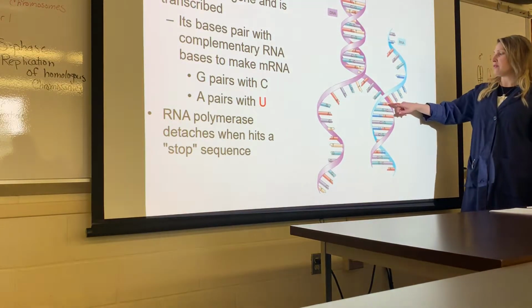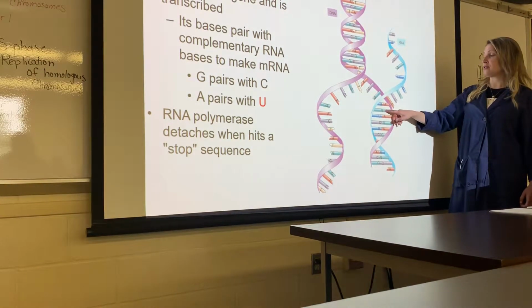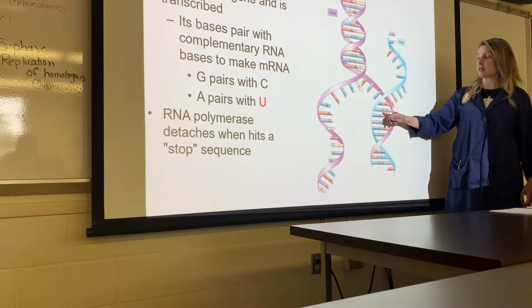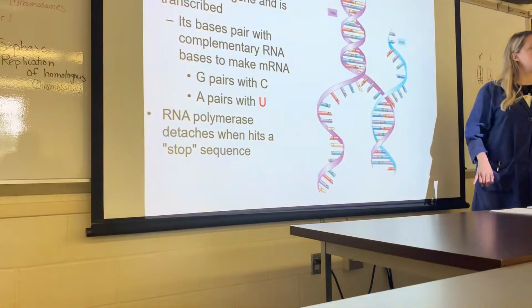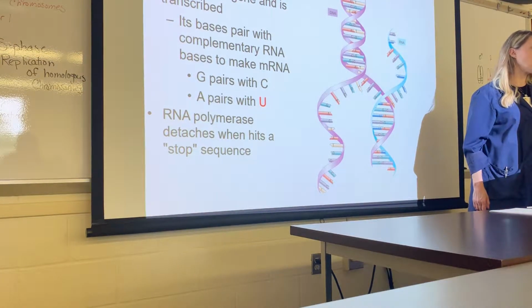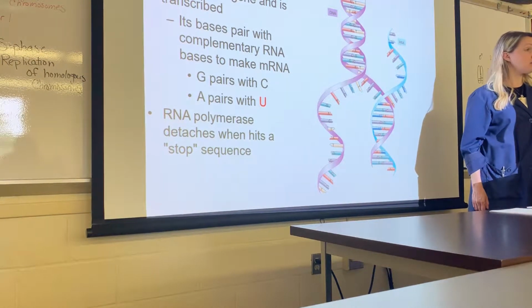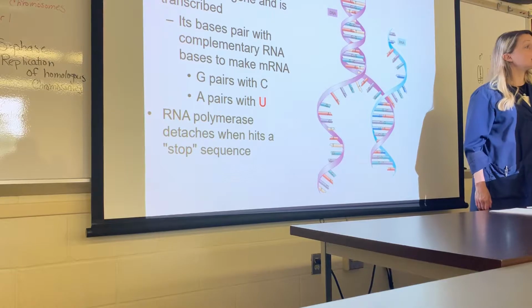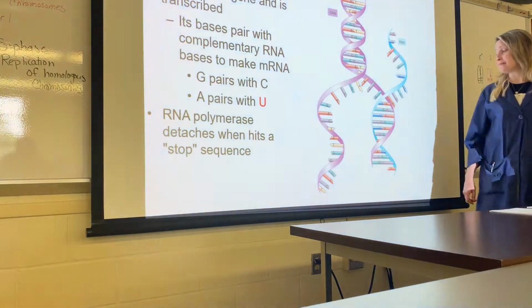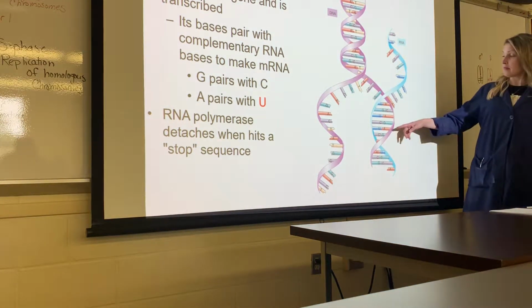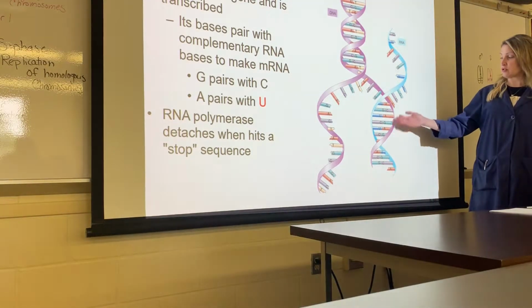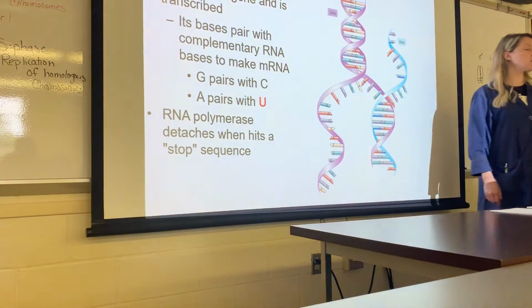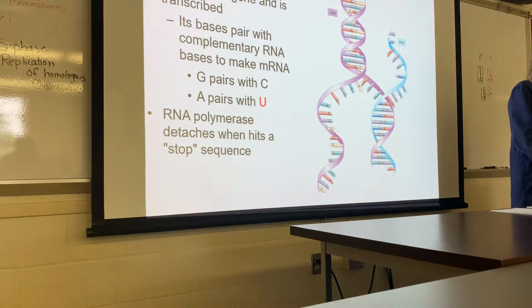So if DNA contains cytosine, our messenger RNA will contain guanine. If our DNA contains adenine, our messenger RNA is going to contain uracil, not thymine. Remember that RNA contains uracil, not thymine. If we have thymine, which they don't show here on DNA, what's our messenger RNA sequence going to have? Adenine, right? Good.